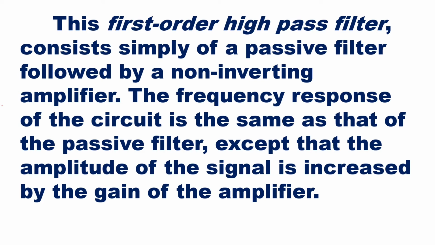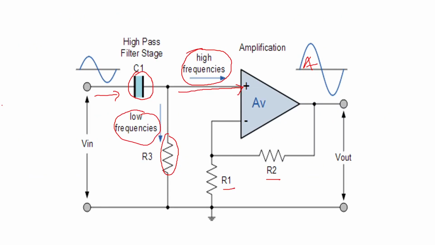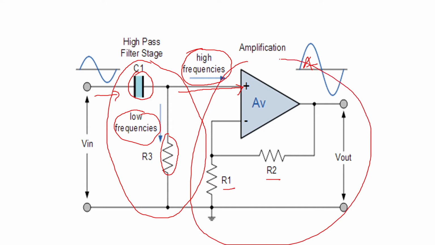But the frequency response remains the same because it is controlled by the C and R combination of the high pass filter. That means this section is going to do your high pass filtering where you have C and R, and this section of the op amp is going to do the amplification process. Okay.